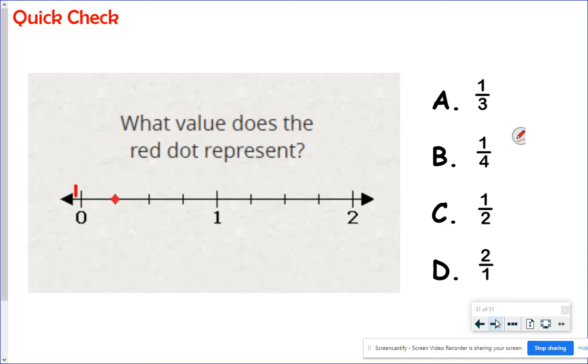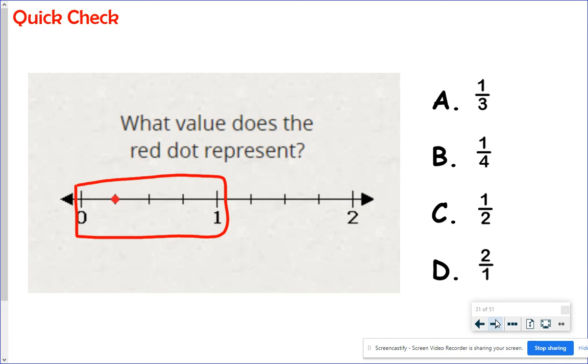You just need to look from 0 to 1 and see what it's broken up into. Jump from 0 to 1, see what it's broken up into, and then all you need to put on your sticky is what the answer is. Is it A, B, C, or D? You all know the routine. And so the sub can pause the video and let y'all get that answer.